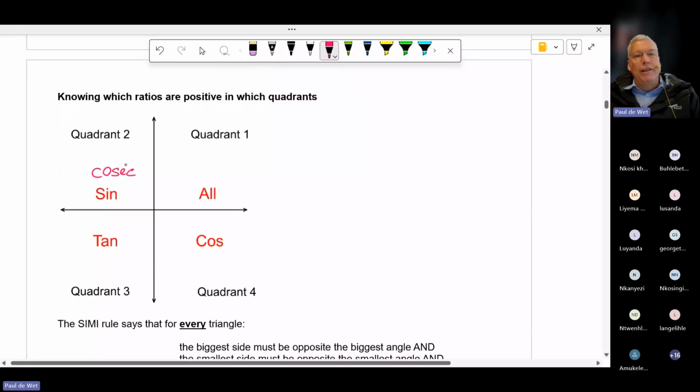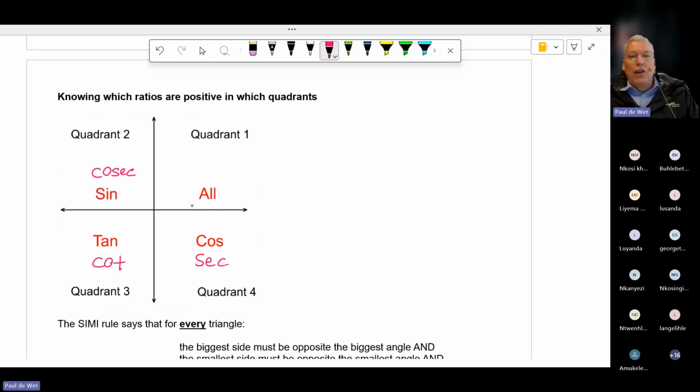Cosec is positive in quadrant 2. What happens when you turn tan upside down? Cot. And what happens when you turn cos upside down? Sec. So all 6 are positive in quadrant 1.